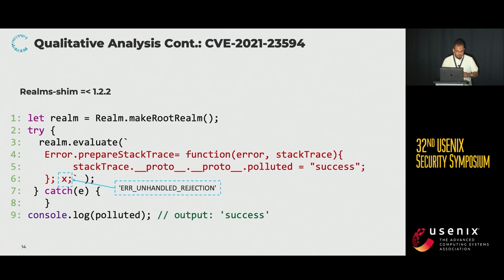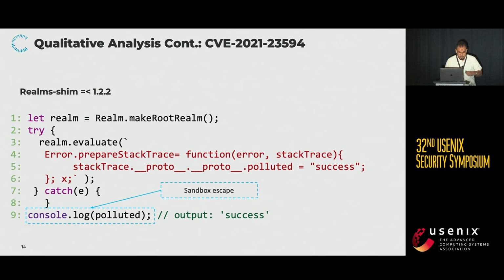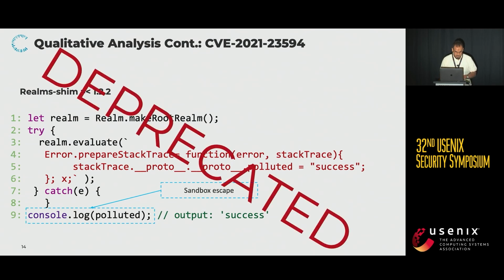We were able to call an undefined object that causes an error. Therefore, we could cause the error and call that rewritten function to escape the sandbox. We communicated with the authors of this sandbox, and they found that this is a vulnerability by design, so they decided to deprecate this package.